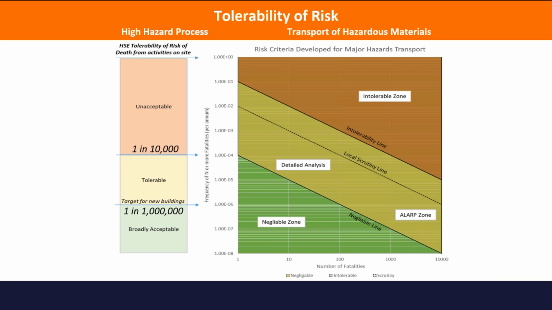In between, we have this kind of green zone where we need to do a little bit more analysis, and we call it the ALARP zone in the UK. ALARP means as low as reasonably practical. So you can't eliminate all risks, but you can get them to be as low as reasonably practical. In New Zealand, we talk about ANARP, as near as reasonably practical. Same sort of concept in there.